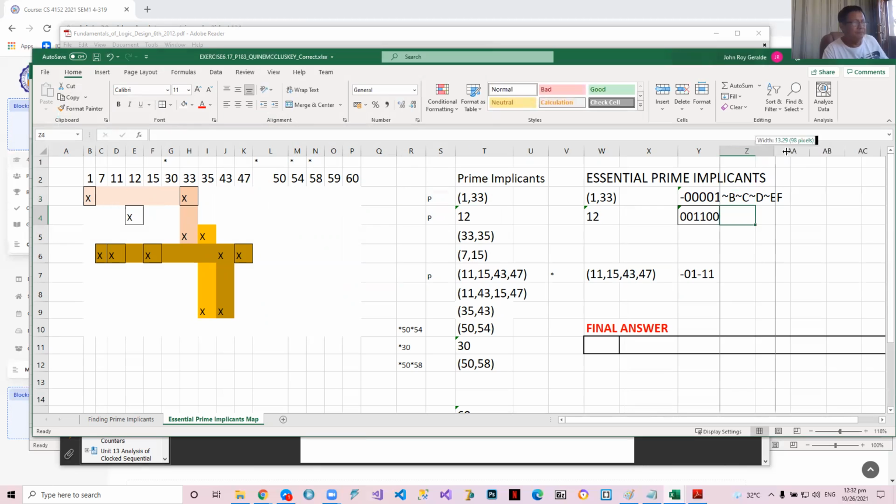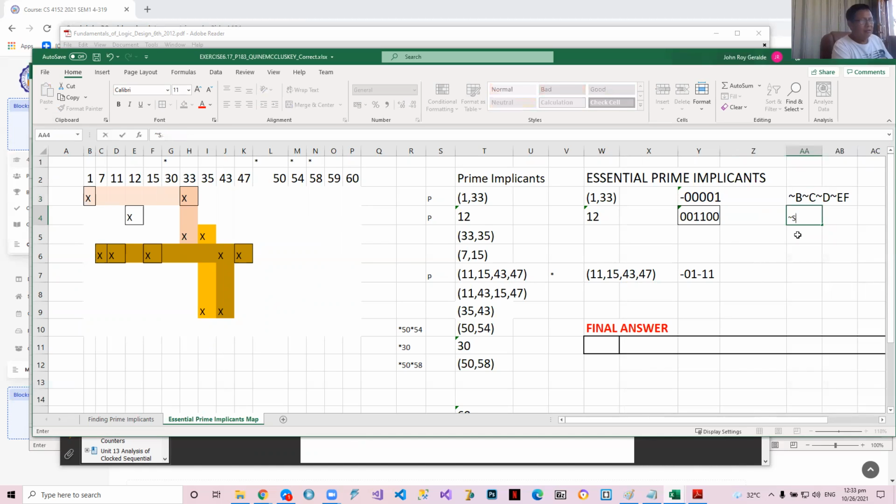Okay? Dito natin ito ililipat. You follow? What is 12? 12 is not A, not B, C, D, not E, not F. We will make this 18.